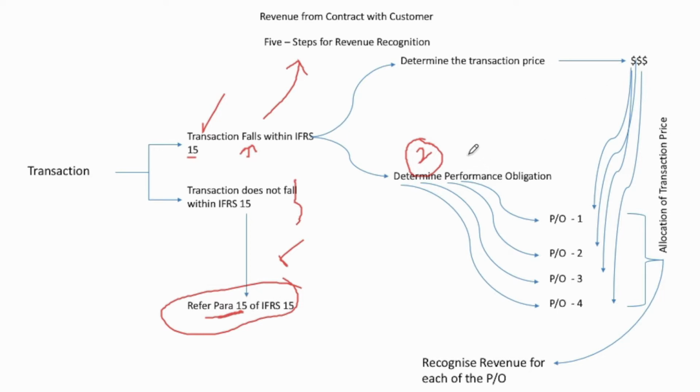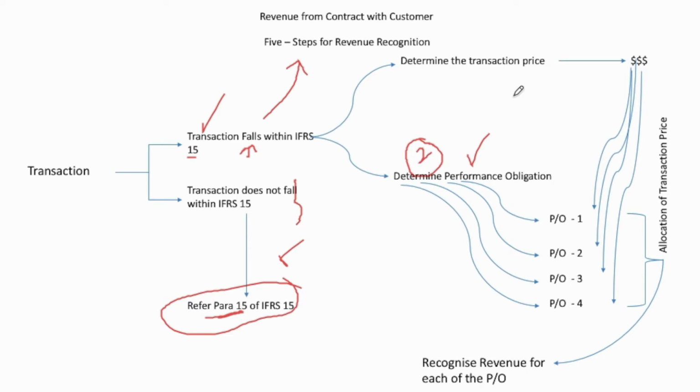Now, the second part is we determine the performance obligations. Performance obligations are nothing complex in themselves. Performance obligations mean what the party has to perform as per the contract, what he has to do. For example, if it is sale of goods, I have to deliver the goods. If it is sale of service, I have to provide the service. That is what the party has to do to recognize the revenue.